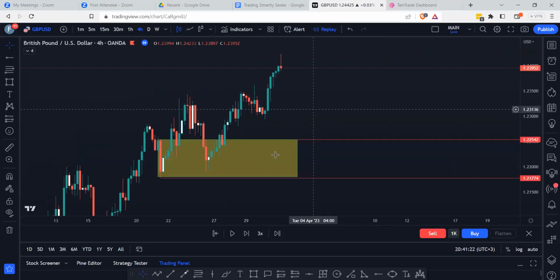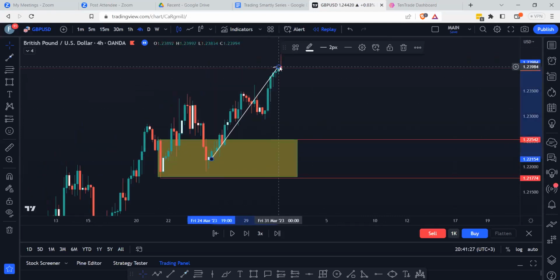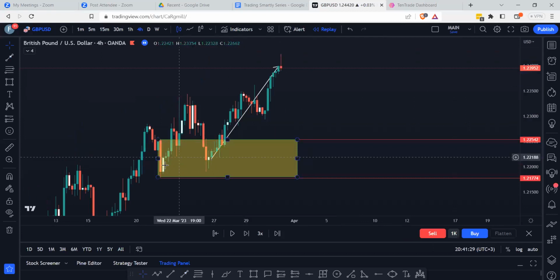Now, this big move right here is because of this support. So if you are taking entry here, you would have been in very interesting profit. Your knowledge of support is helping you know the best area you should be buying in the market, so that you can capitalize and make profits.